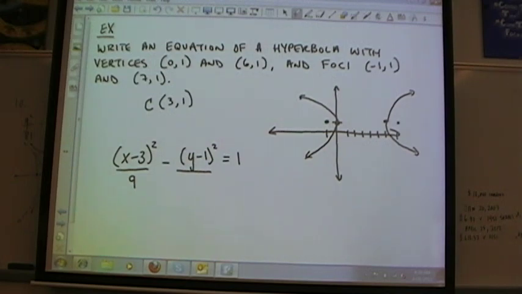What is the foci formula for a hyperbola? C squared equals a squared plus b squared. Good. And what would c squared be?